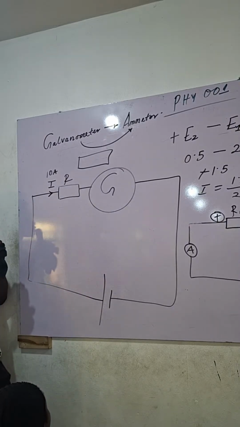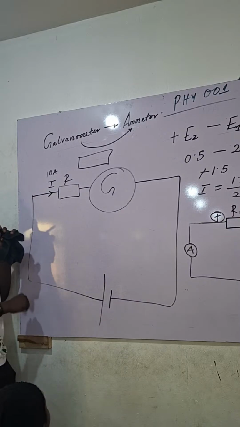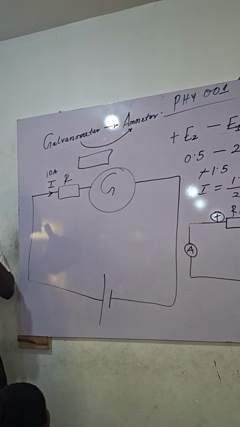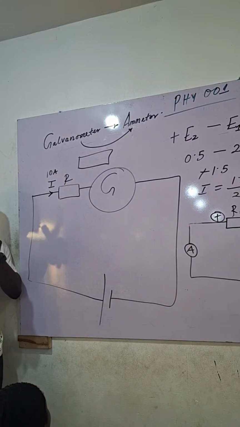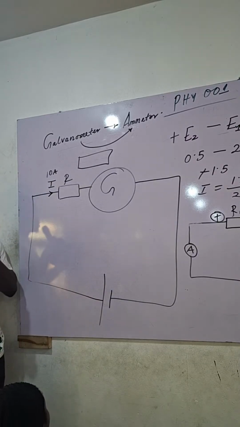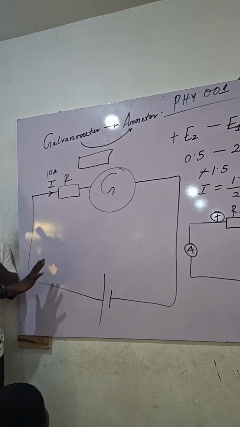Series. So have I now done what I feel like I want to do? It is still the 10 that will pass. I hope you are following. So now, they can ask you that when you want to convert galvanometer to ammeter, you are going to plug the resistor. That resistor, will it be in series or in parallel? That's why I'm explaining what I'm explaining.